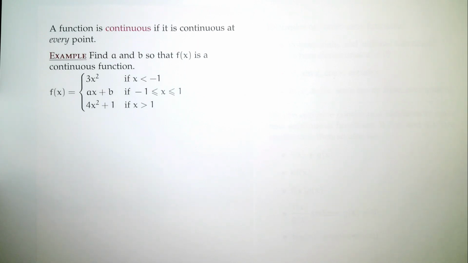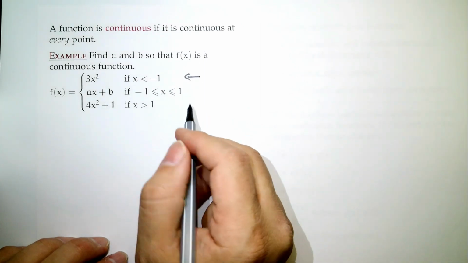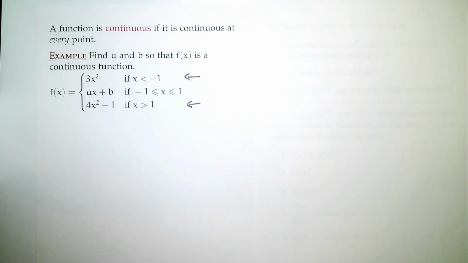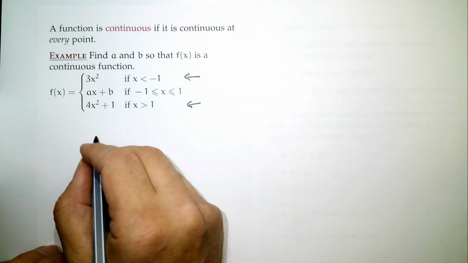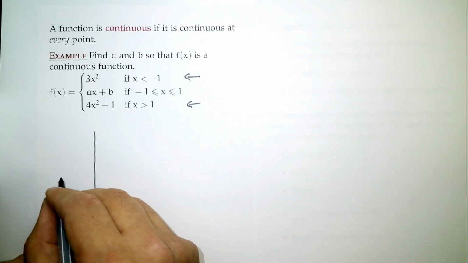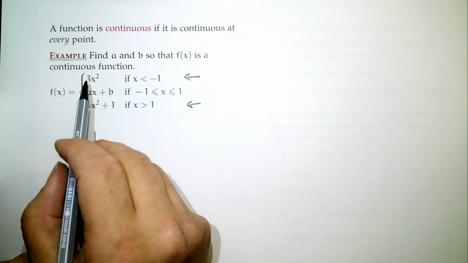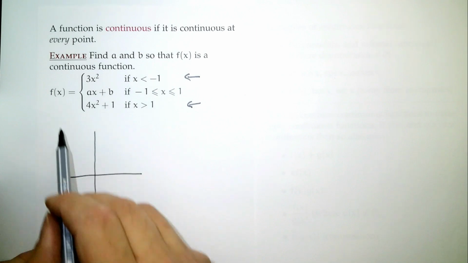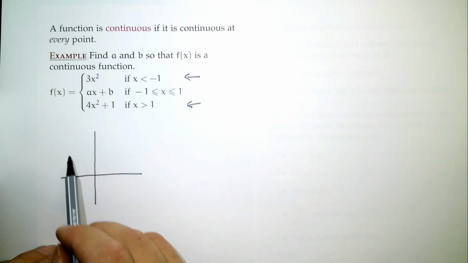Now we can sketch parts of this pretty easily. We can certainly sketch the part below negative 1 and the part above 1 because they have nothing to do with a and b. So if we were to sketch them, what do they look like? Well, 3x squared, that's a parabola that opens up, stretched up a little bit. I don't need the whole parabola, though.